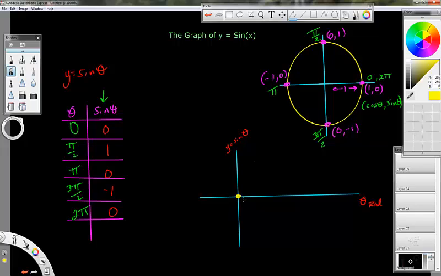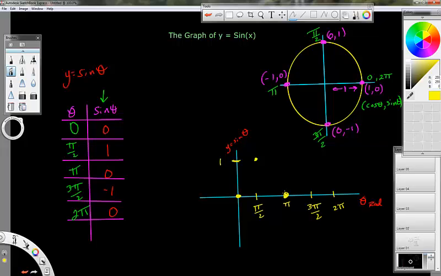Then I'm going to section this off: pi over 2, pi, 3 pi over 2, and of course 2 pi. The next xy coordinate would be pi over 2, 1. So I would have to go up 1 here, and that would be right there. The next one would be pi and 0.